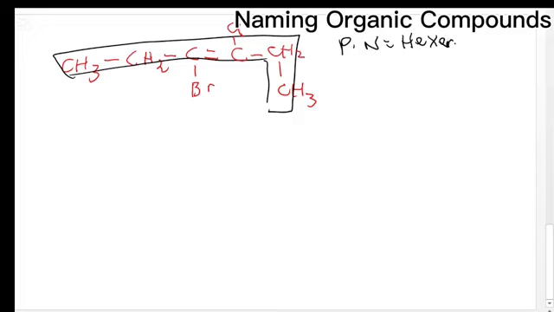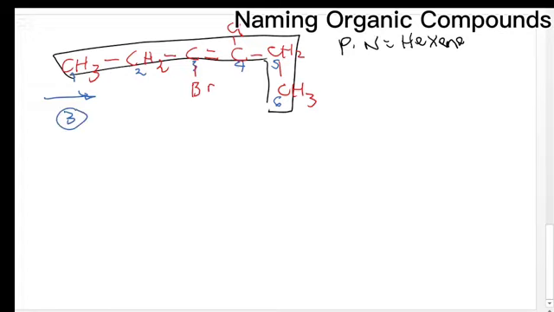But we need to know the position of the ene, which is quite essential. So we need to number it from right to left and from left to right. If you are numbering it this way: carbon 1, carbon 2, carbon 3, carbon 4, carbon 5, and carbon 6. Our double bond is between 3 and 4, so we take 3.